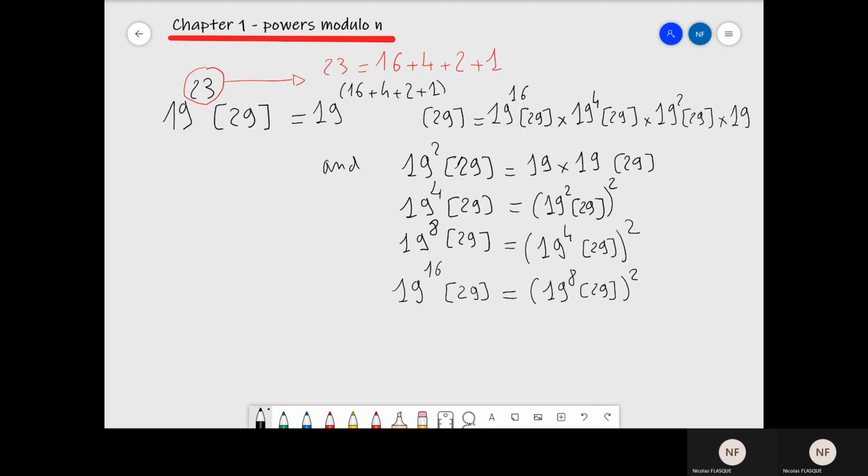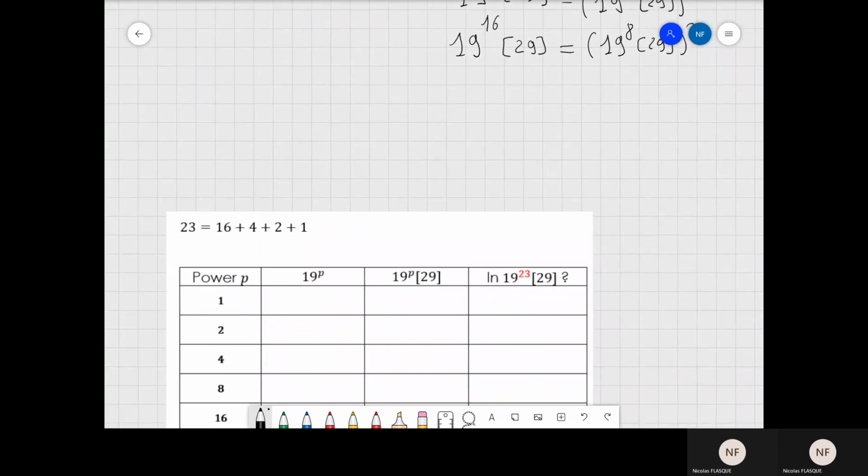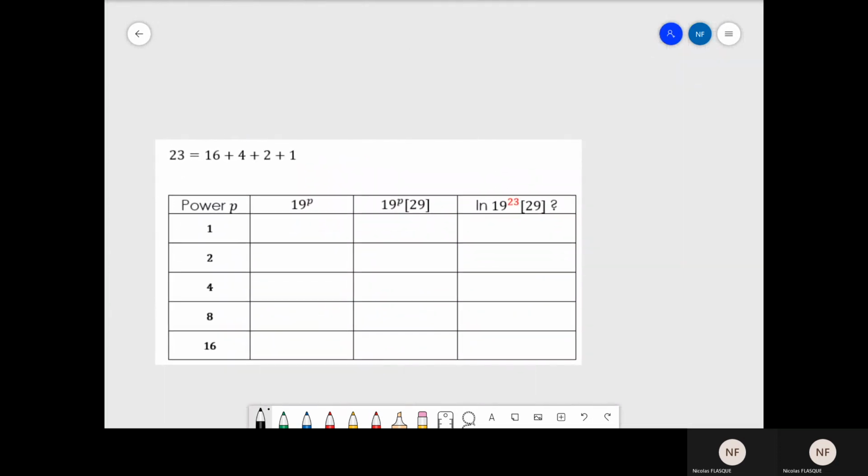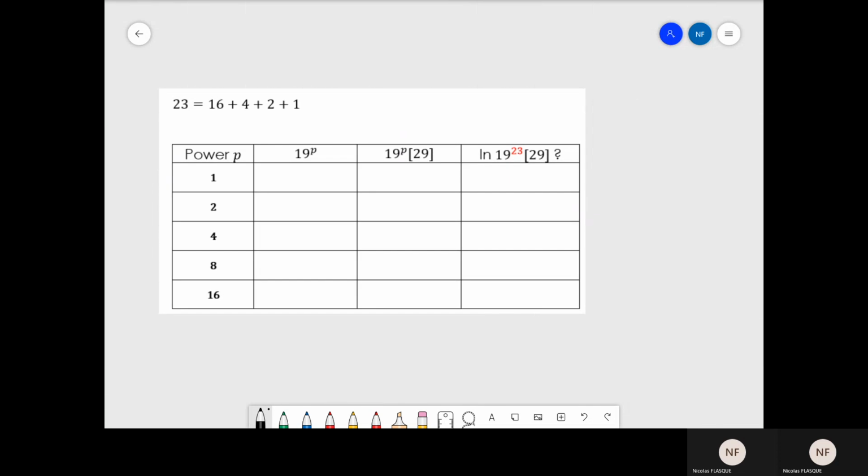So now let's handle this from a little table, which is here just below. And from the decomposition of 23, we will first fill the last column to see which powers are necessary to get the exponents.